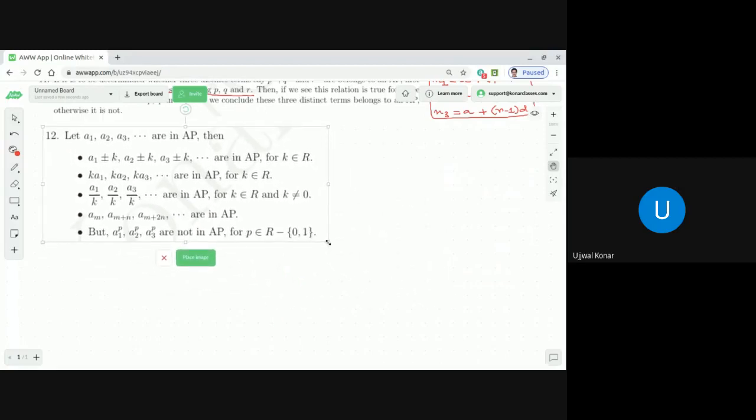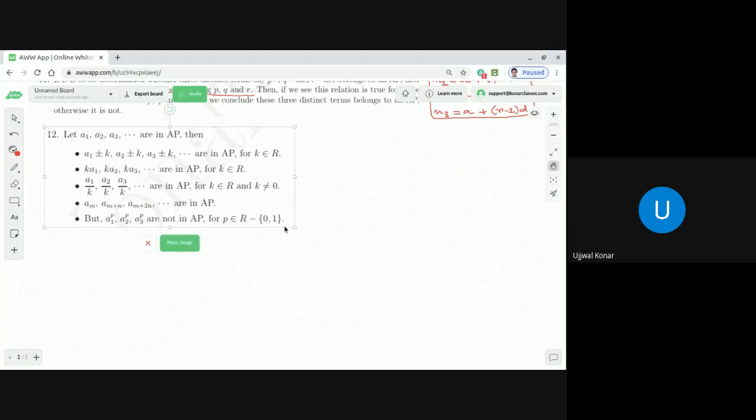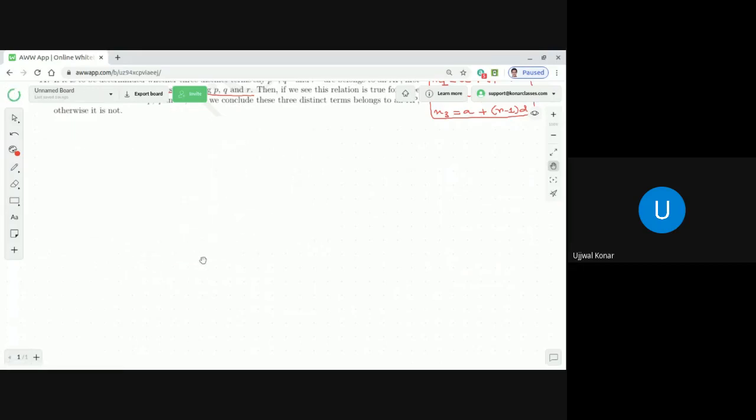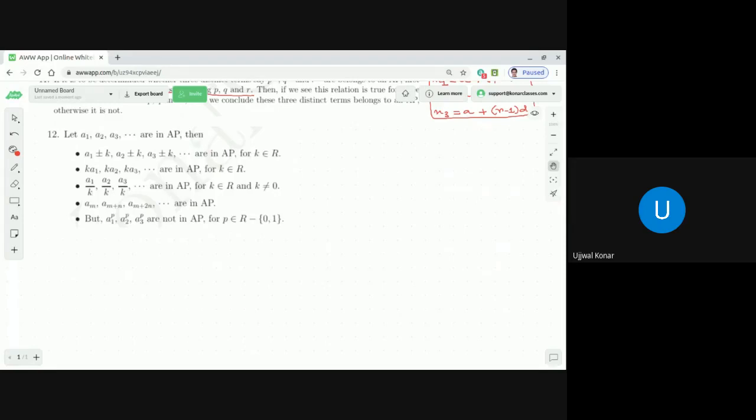What it is mentioning is that if A1, A2, A3, up to AN, all these numbers are in AP, this is given, then A1 plus or minus K, A2 plus or minus K, A3 plus or minus K are also in AP. Obviously, you understand the common difference will remain the same, without deep diving into it.